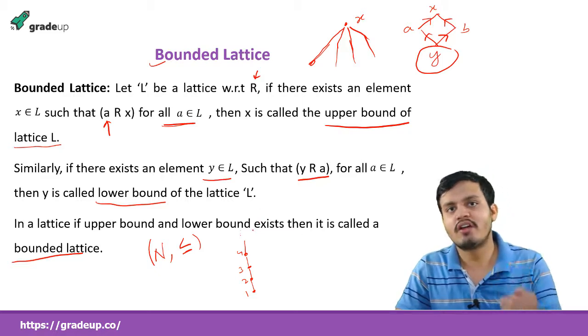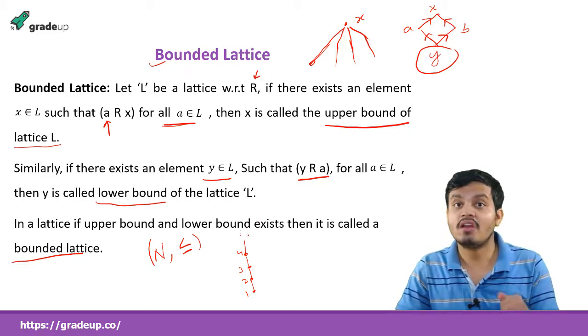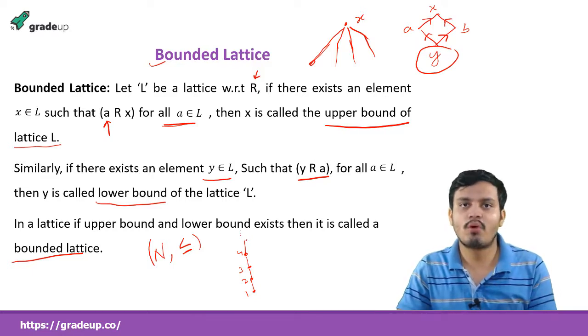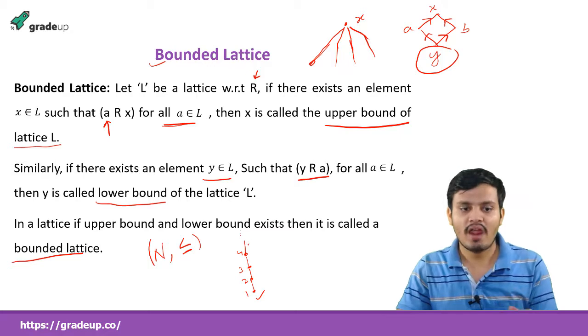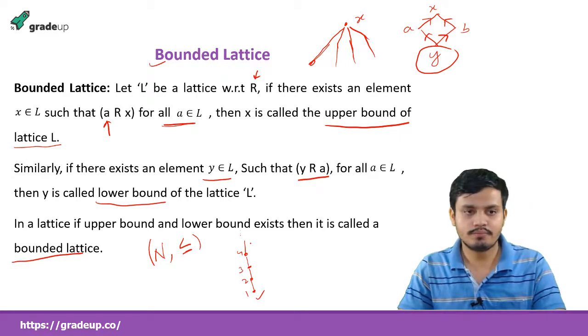Whenever you say that 100 is an upper bound, I will say that 101 should be the upper bound. If you say that 1000 is the upper bound, then I will say 2000 will be the upper bound. So there is no upper bound, but yes, there is a lower bound which is 1, but it is not a bounded lattice because we do not have an upper bound.